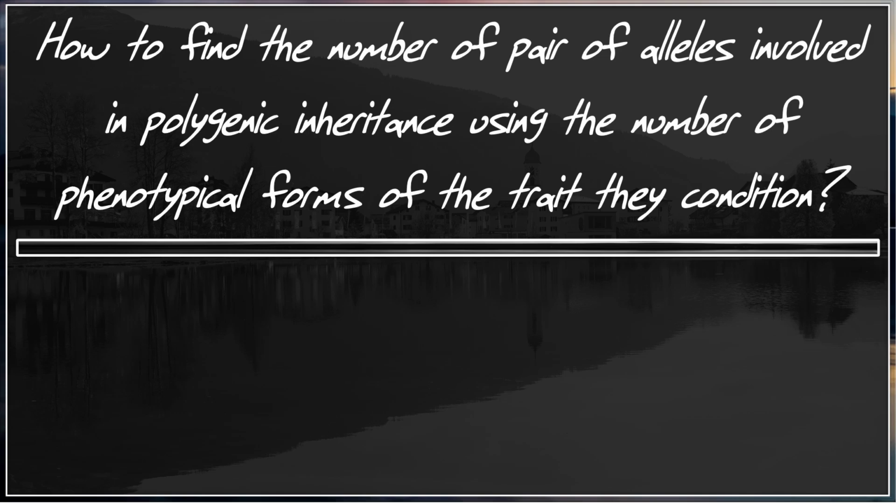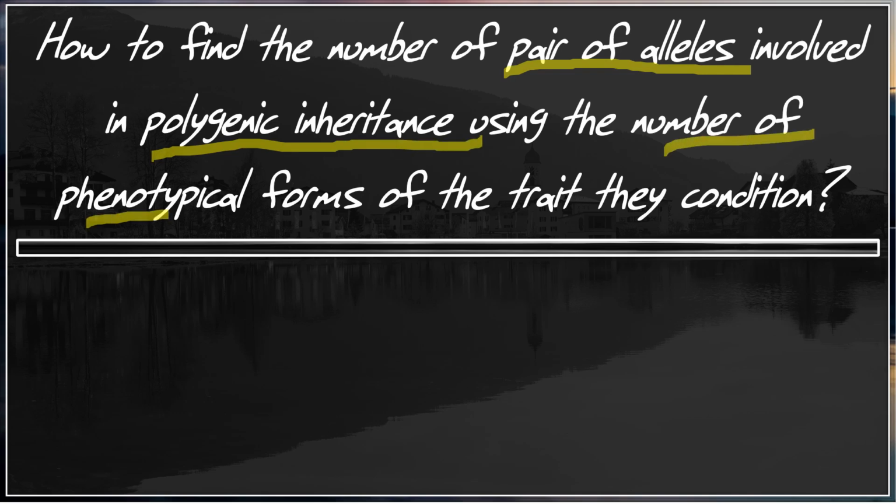How to find the number of pairs of alleles involved in polygenic inheritance using the number of phenotypic forms of the trait they condition?